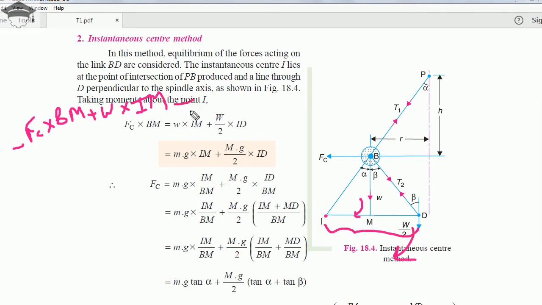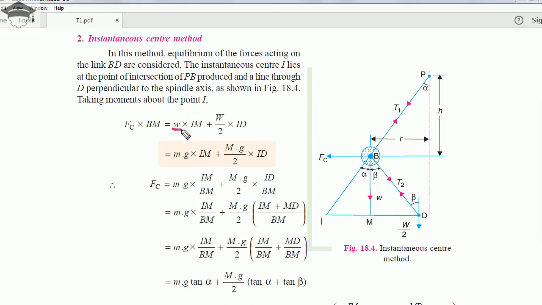So plus capital W by 2 into ID equal to 0. This is the moment about the point I, and when we take this to that side, we will be getting Fc into BM equal to w into IM plus W by 2 into ID.